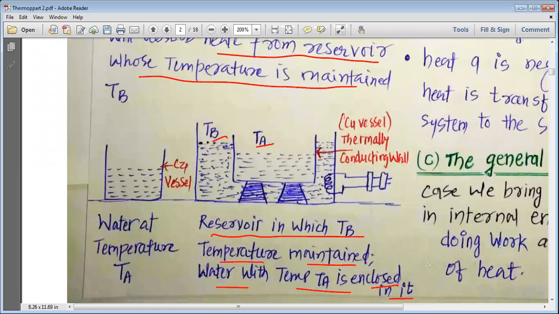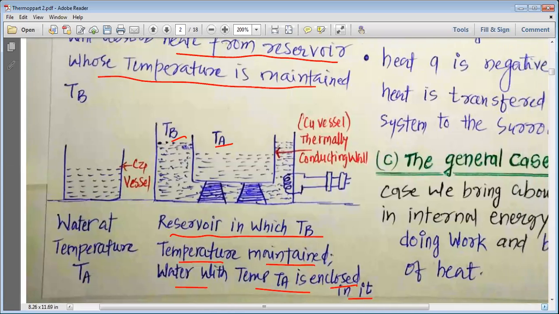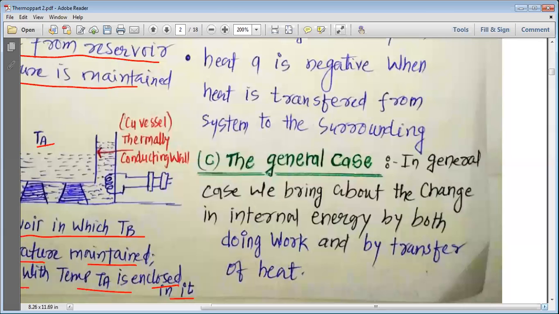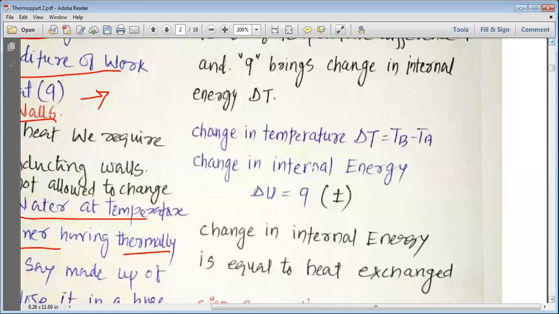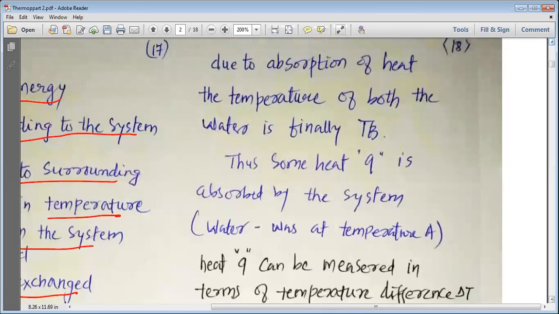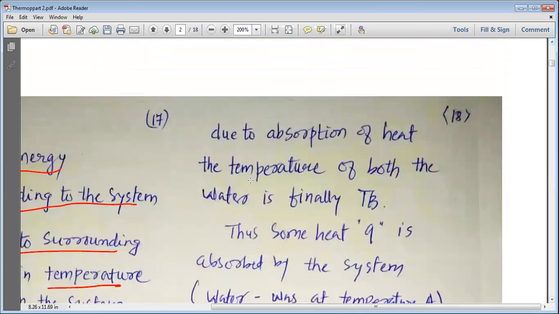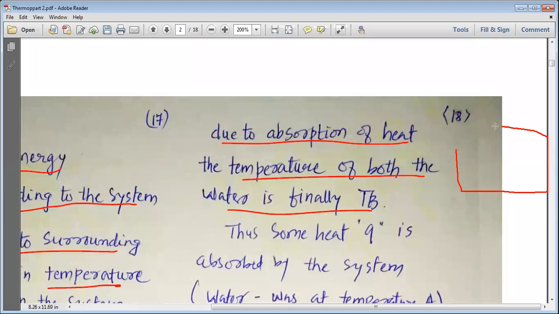The reservoir is maintained at TB, and then we put the water having temperature TA inside it. Due to absorption of heat, please remember, the temperature of both the waters finally becomes equal to TB. Now this is a very important thing, my dear students, we need to understand.